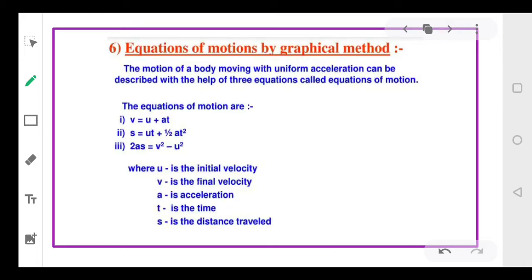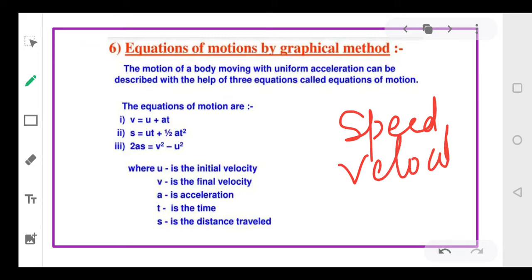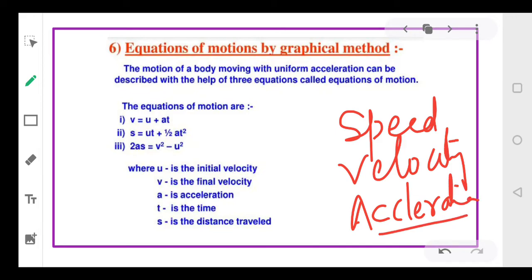Now before we start with this, we need to know, so far we've talked about your speed, isn't it? The velocity and acceleration. So dear students, these are very important. You need to remember all the three properly.